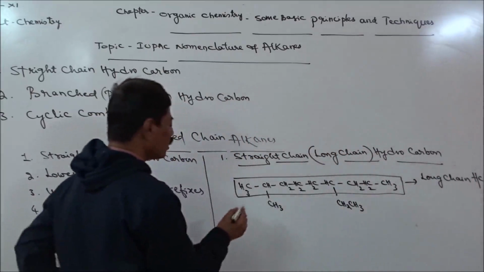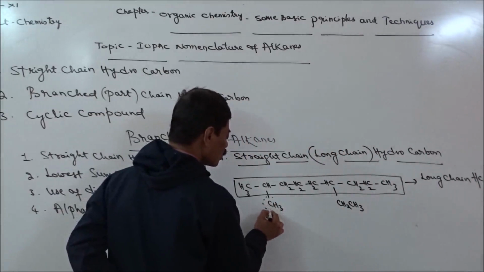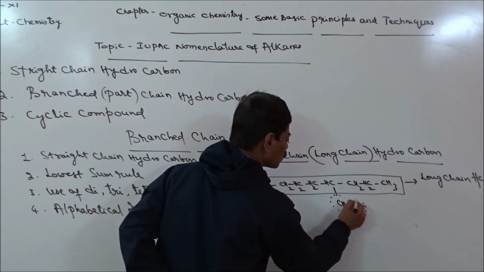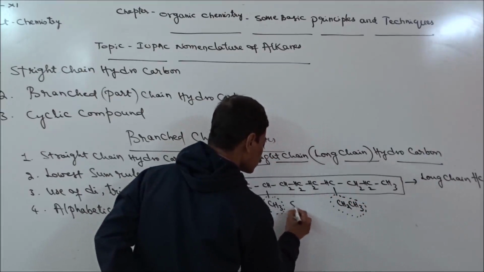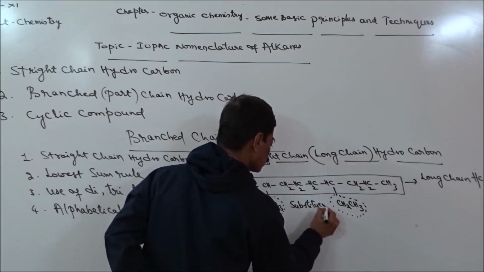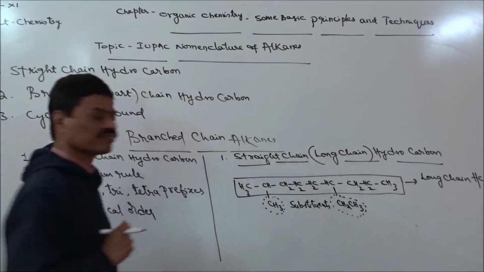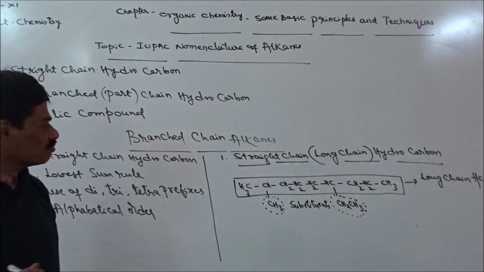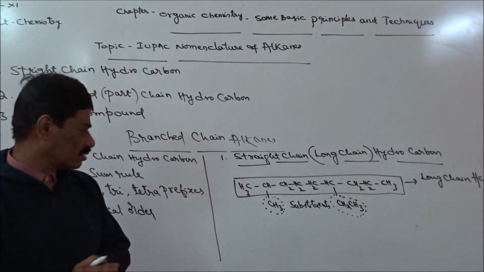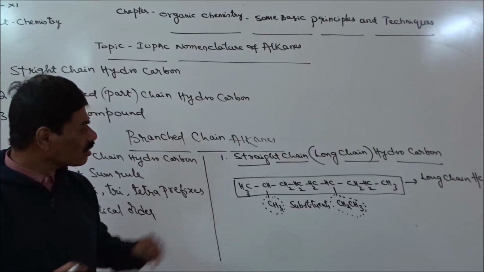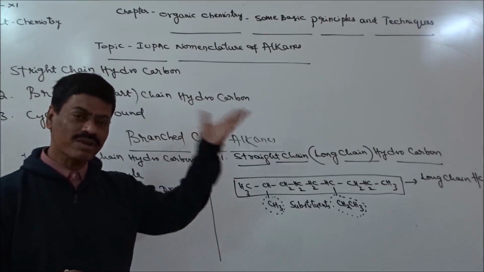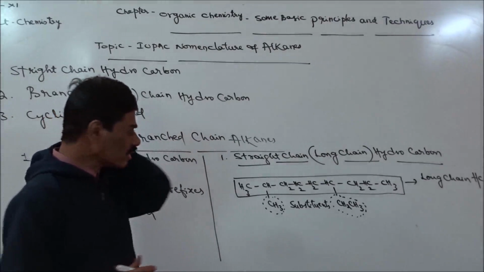And these two are branches or substituents. So that's how the long chain of the given compound is identified. That may have any number of carbon atoms in it.